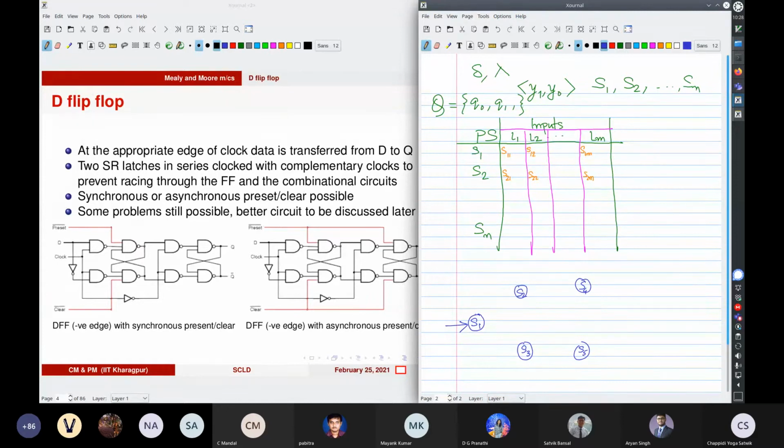Now I'm making a transition on input 1. What I've not shown is the output function. So there are two parts here. Basically I have I, and under it I've got two parts.